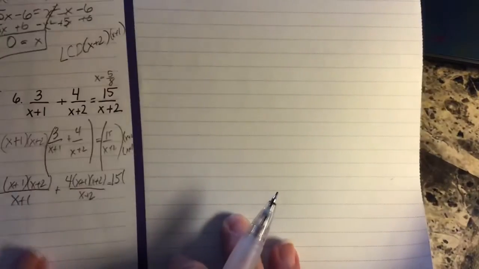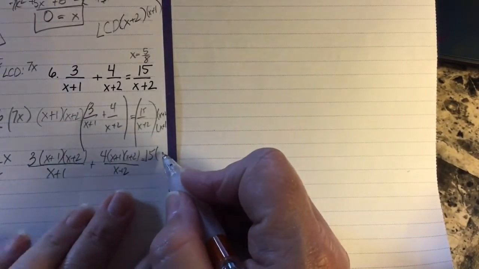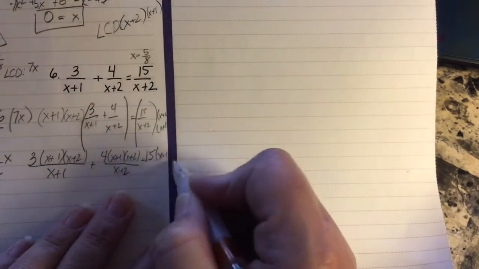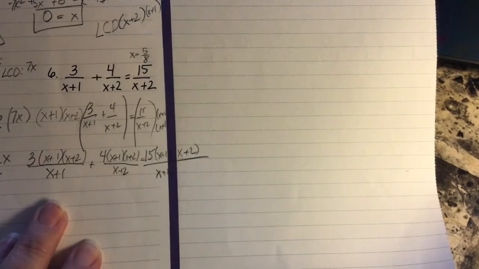I'm going to put a piece of paper over and write on this. 15 times the quantity x plus 1 times x plus 2. Now, all of those fractions can reduce. I can reduce this away, I can reduce this away, and I can reduce this away.